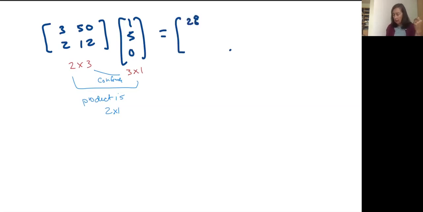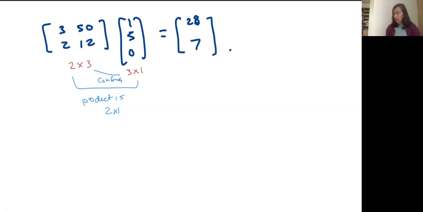And to get the 2, 1 element, I take the second row of the lead, and again, that first and only column of the lag. 2 times 1 is 2, 1 times 5 is 5, it gives me 7, and 2 times 0 leaves me with 7. That is indeed the answer. Okay, that's not too bad.